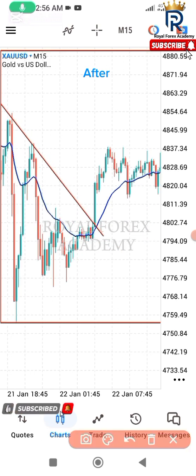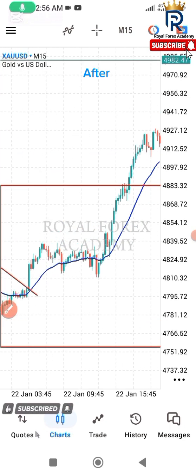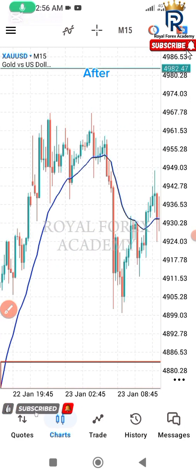Price broke above it. So here should have been your buy entry after that breakout, or you wait for that retest of price on this. Should have had your entry, and you can see afterward price plays out all the way to this upside.